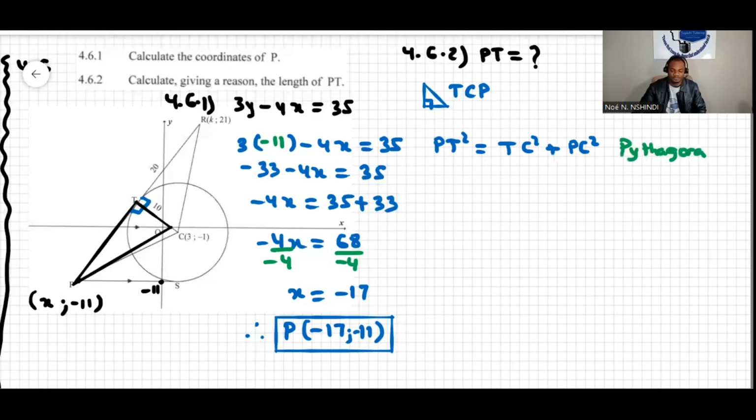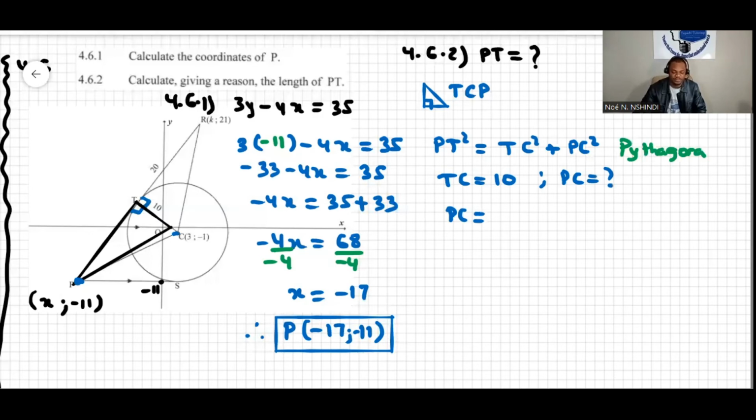PT squared is what we need, and we know TC is equal to 10 units, but PC is still unknown. We can find it because we know the coordinates of C, and we also know the coordinates of P. So PC will be the distance.